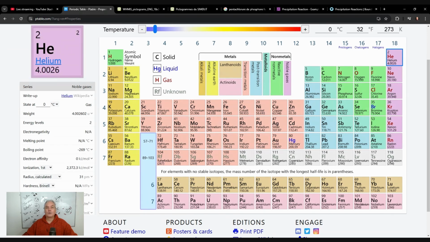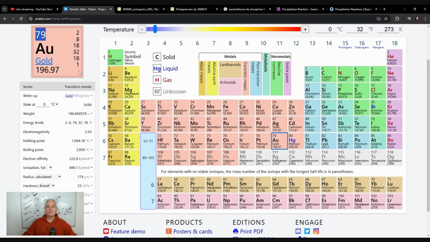Helium has an atomic number of 2 because it has 2 protons. Calcium, as mentioned earlier, has an atomic number of 20, so it has 20 protons. And gold has an atomic number of 79. So the identity of any atom in the universe is based on the number of protons, the positive particles in the nucleus.